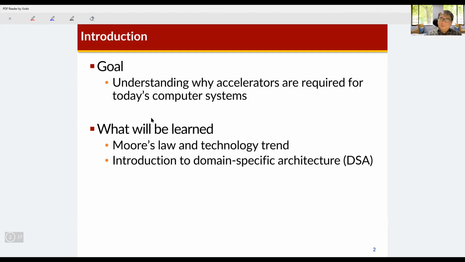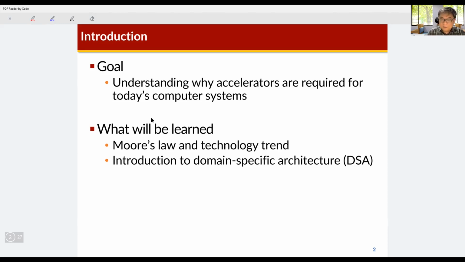But recently, GPUs are widely used for parallel applications, scientific applications, and also machine learning applications. So GPU is a kind of domain-specific architecture, but in today's course, I will explain why accelerators are required for the modern, today's computer system.